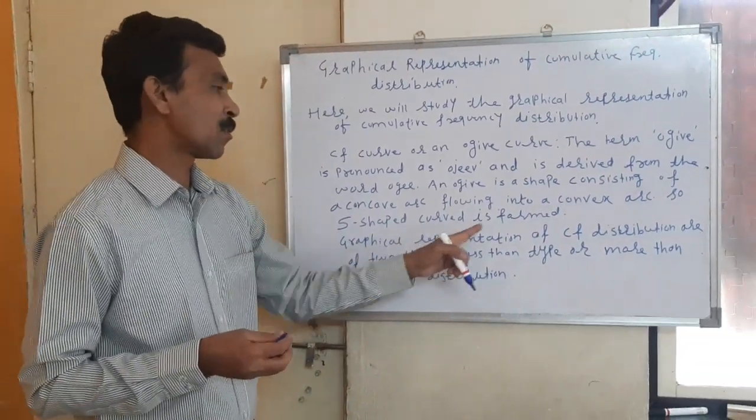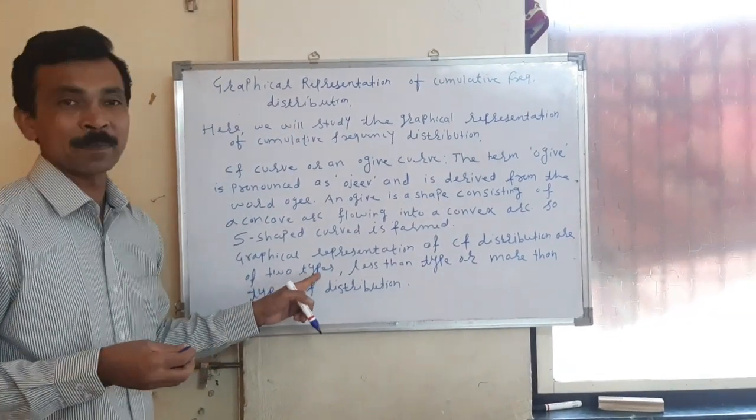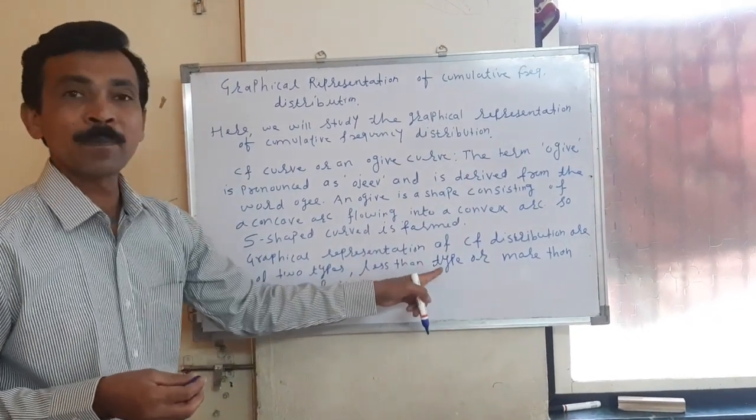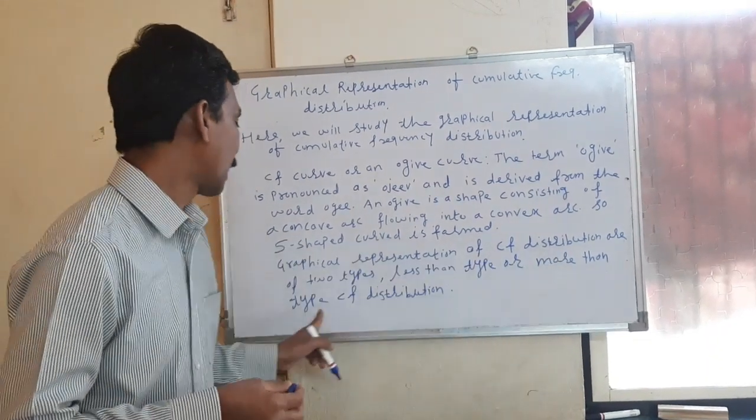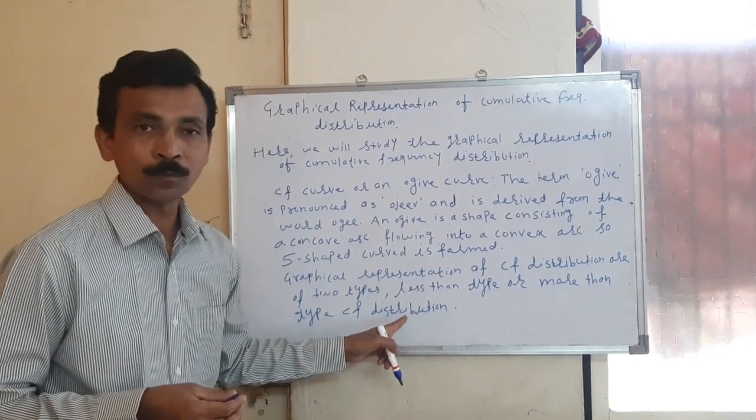Graphical representation of cumulative frequency distribution is of two types: less than type or more than type cumulative frequency distribution.